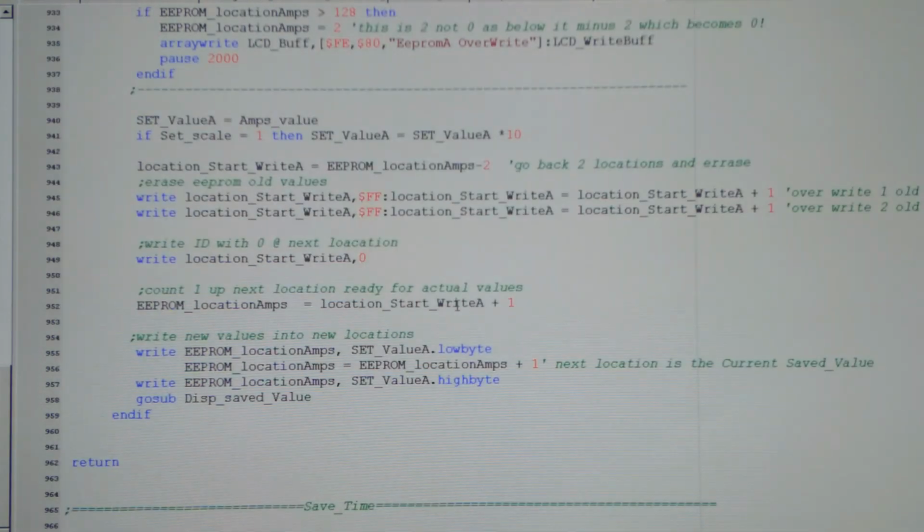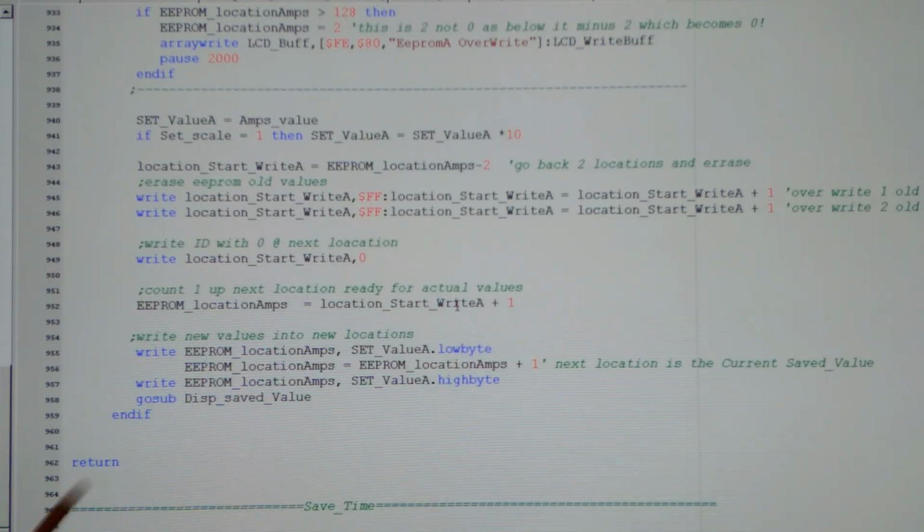So the names here could be confusing, like why am I still using that, but I've already changed position. This is just a location number on the EEPROM. Bit complicated to explain, unfortunately that's how it is. EEPROM location amps equals location start, okay, plus 1.